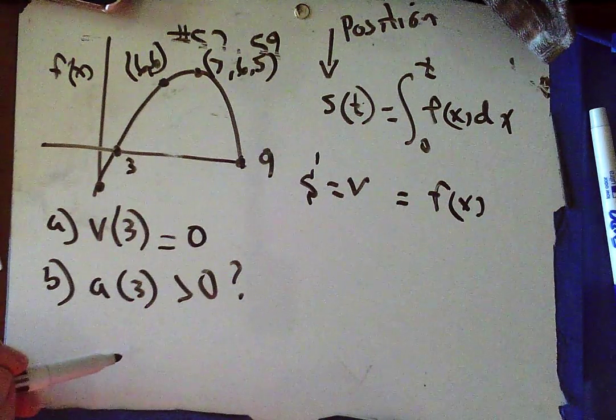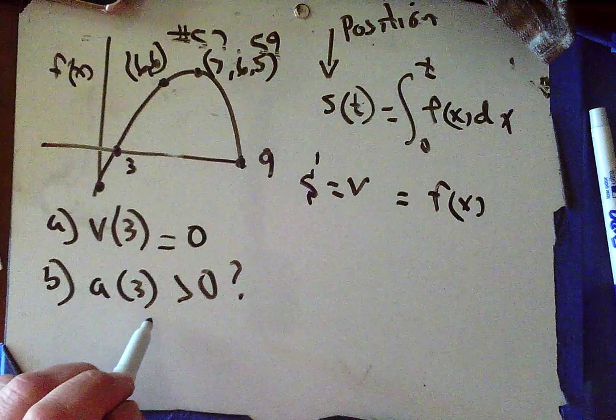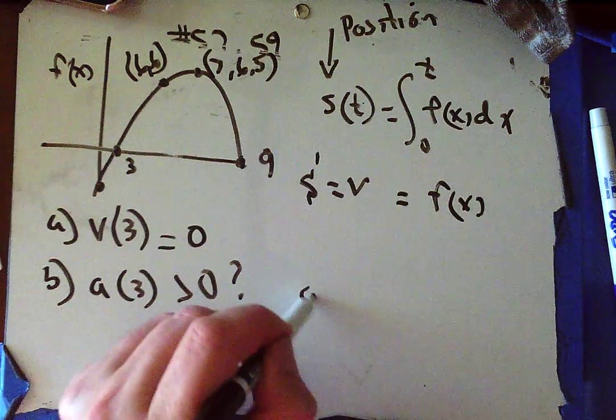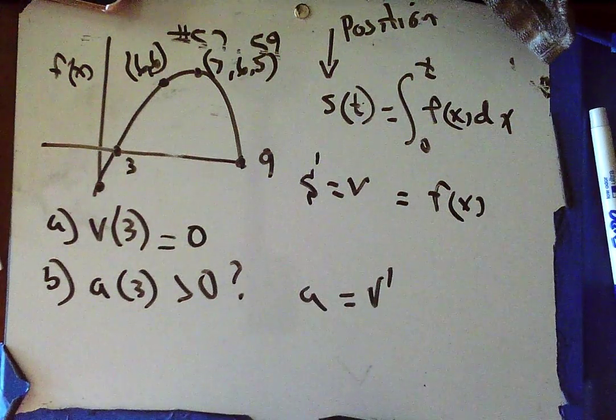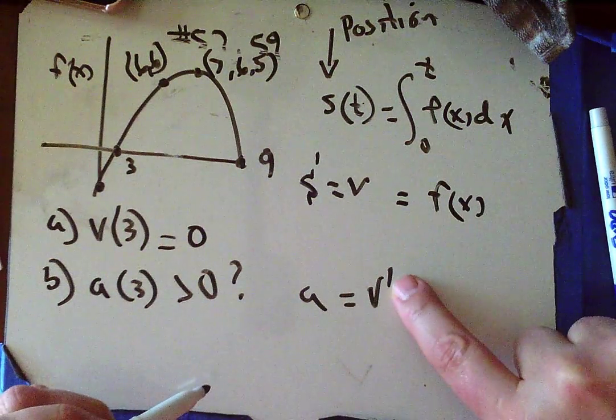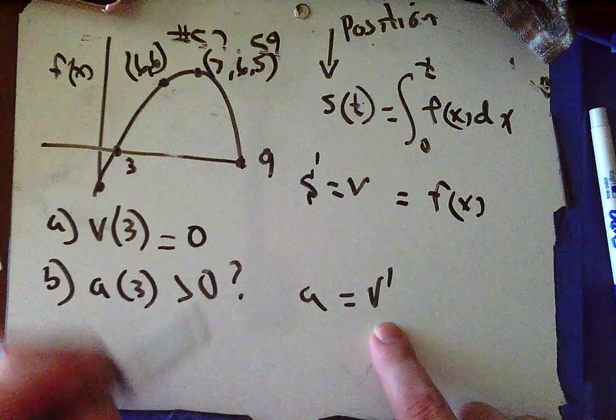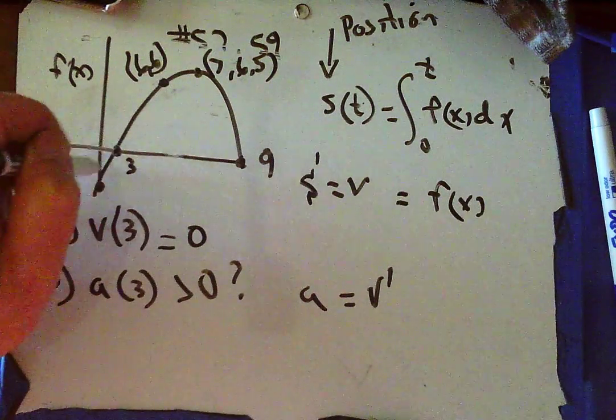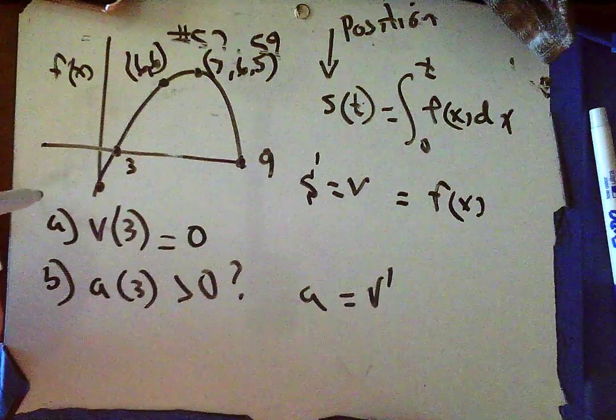Well, let's think about that. We know that a equals v prime. So acceleration is represented by slopes on v. At 3, slopes are positive.